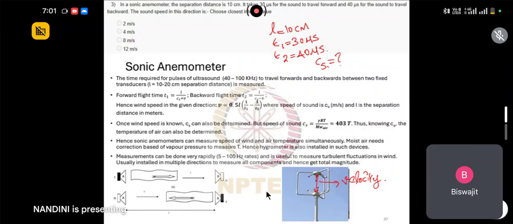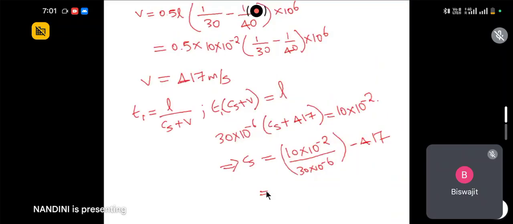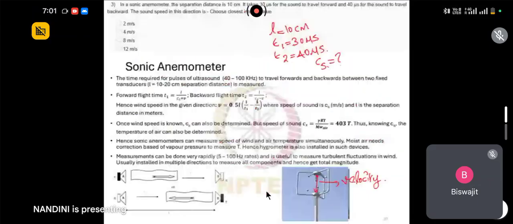Yeah, I think something is wrong. Where did I make a mistake? The value is very high, right? This also doesn't make much sense, that the velocity is 417 meter per second. That is very high.